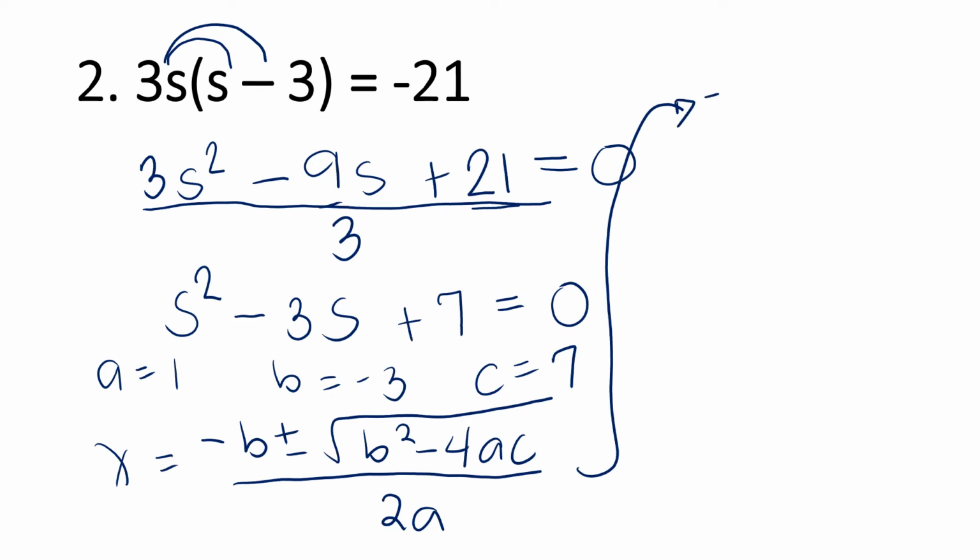We have the solution. Our b is negative 3, negative of negative 3, plus and minus the square root of our b squared minus 4 times, wait, let's erase that one so that we can show the solution well.